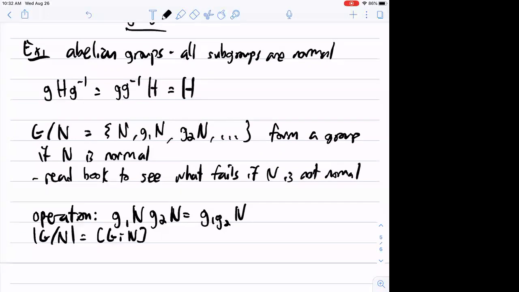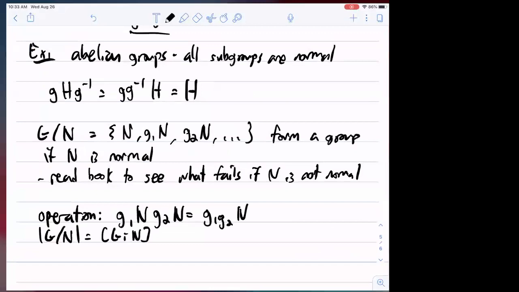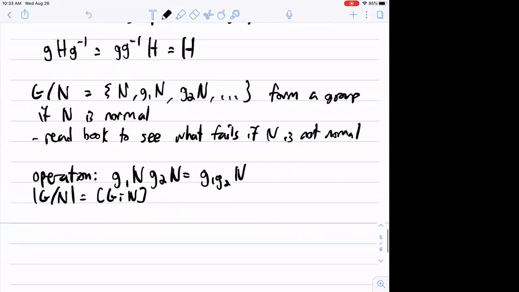Is everyone clear? So again, be careful. An example would be G is Z and N is 3Z. G mod N in that case is just remainders mod 3. We normally use N, if you like capital N, when the subgroup is normal.